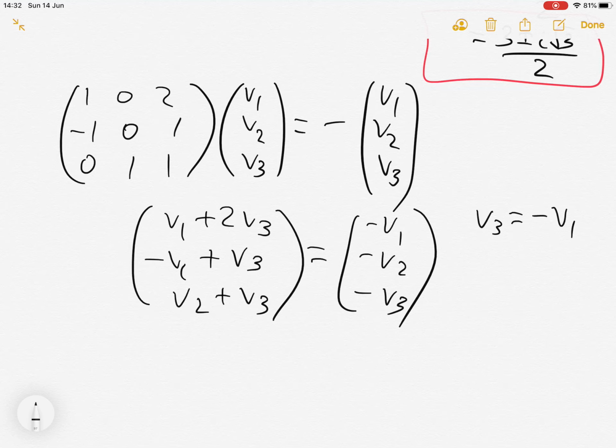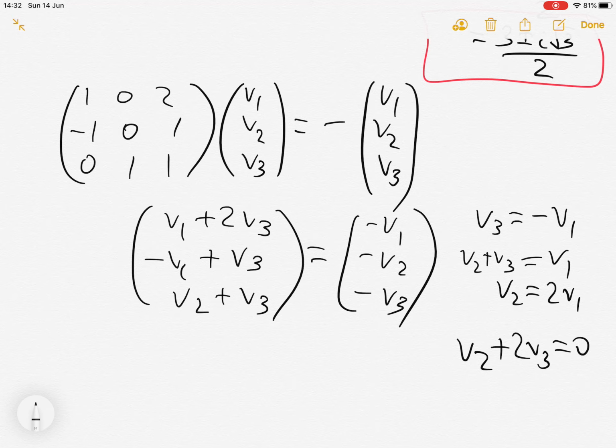From the second row, we're going to get v1 is v2 plus v3. And v3 we already know is minus v1, so v2 is 2v1. And from the bottom row, we don't get anything new, we just get v2 plus 2v3 is 0. But we already knew that because v2 is 2v1 and v3 is minus v1. So that doesn't help us at all.